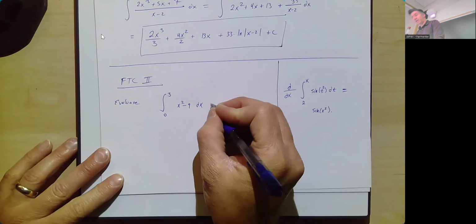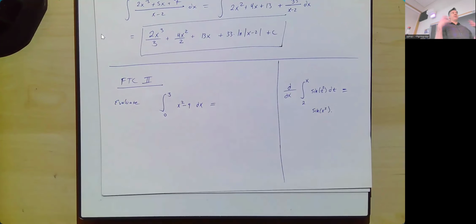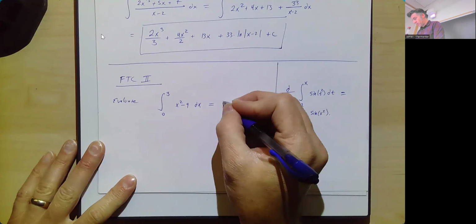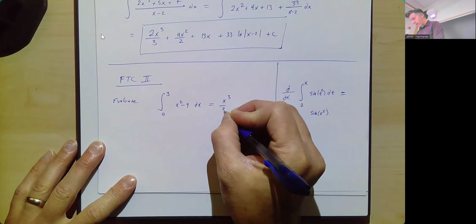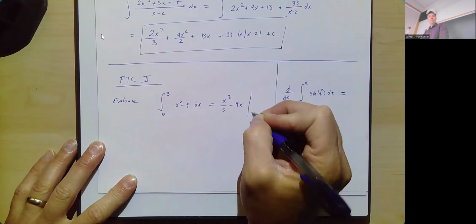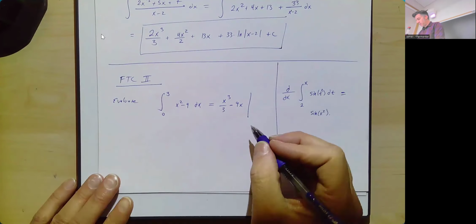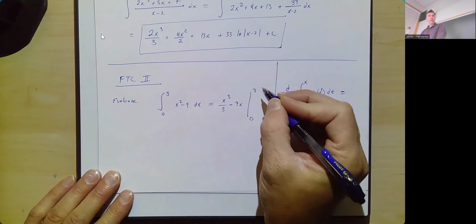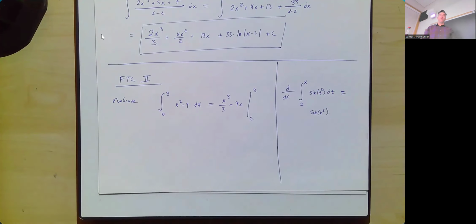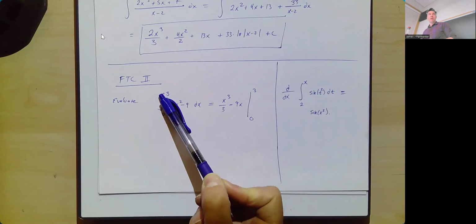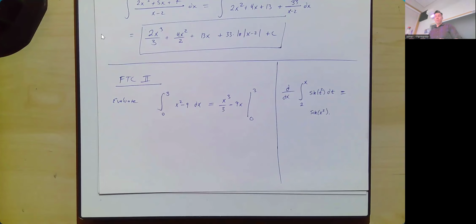We anti-differentiate. That's why we spent so much time practicing how to anti-differentiate functions. You get x cubed over 3 minus 9x, and then you substitute in the limits of integration. Always the top one first, always the bottom one second. I would read this as the integral from 0 to 3, always from the lower to the upper.